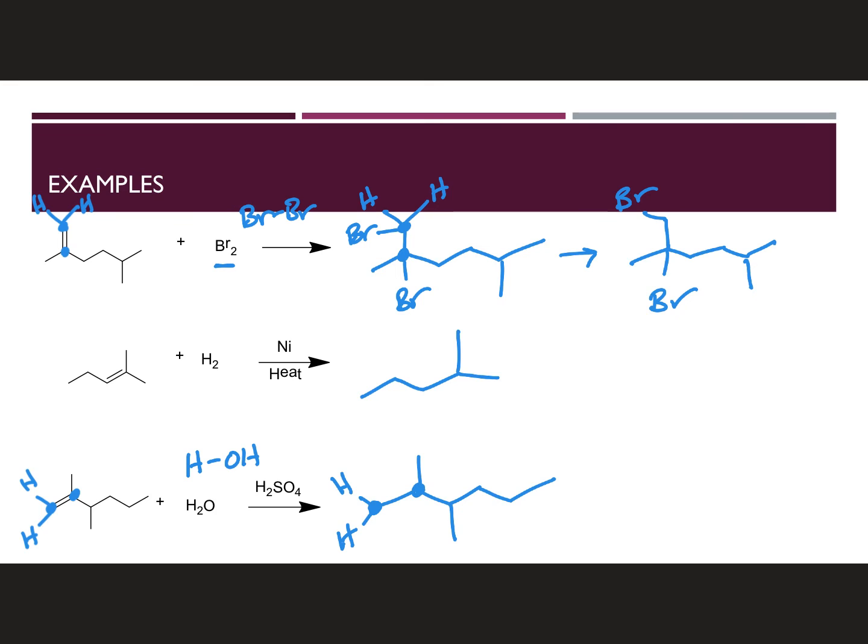These are my 2 carbons I'm working with. The carbon that already has more hydrogens, which is the one on the end, is going to get the new hydrogen. And then the other carbon will get the other half of the molecule, which in this case is OH. So again, redraw the structure. And that would be the final answer.